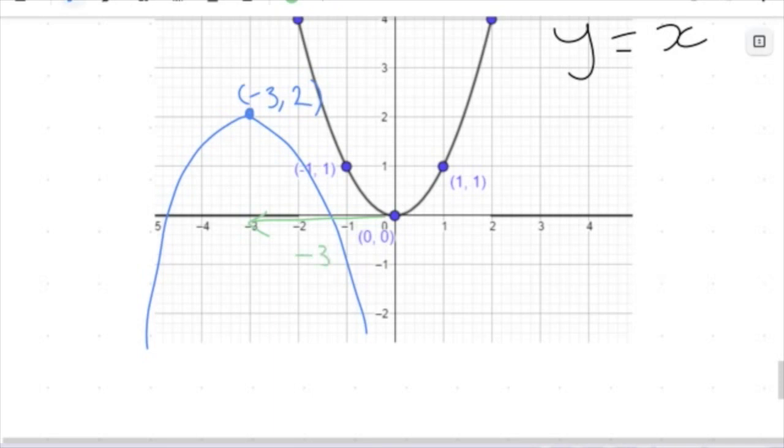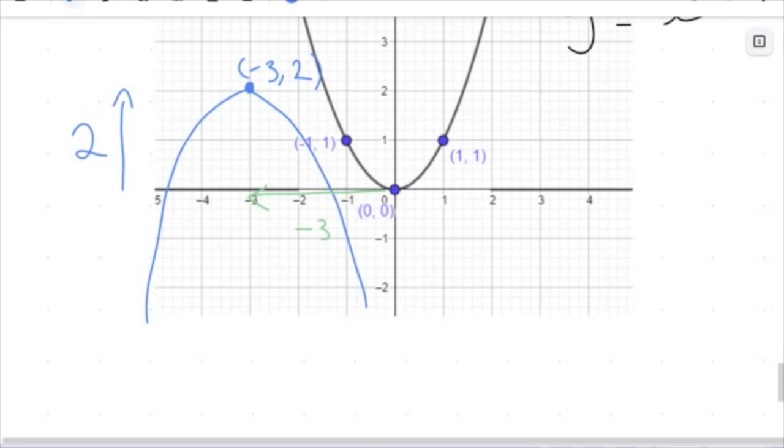So I'm showing that I'm going -3 units in the x direction, and going up 2 units in the y direction. So now we have drawn our final parabola here. I've shown the final transformed turning point.